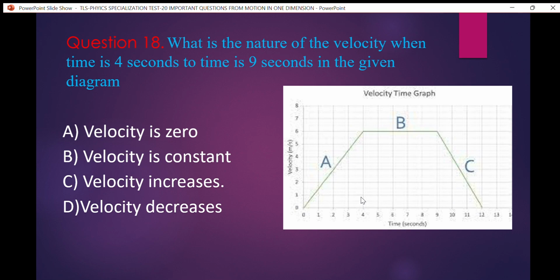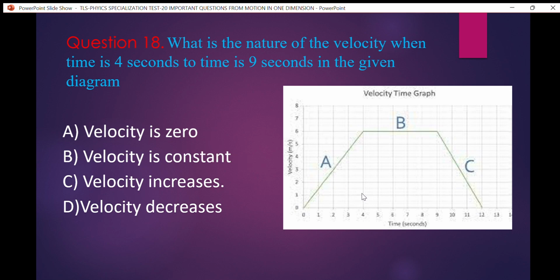So from time equal to 4 to time equal to 9, the velocity remains constant. Its speed is not changing with respect to time. So is velocity 0? No, it is not the correct option. Velocity is constant.